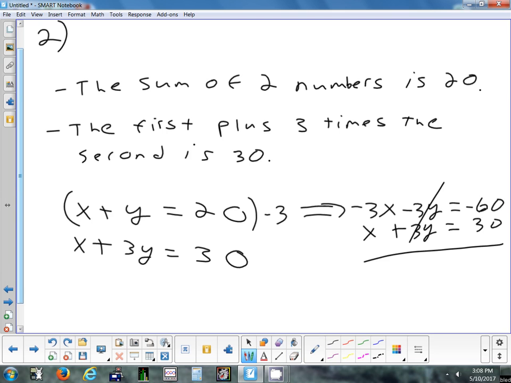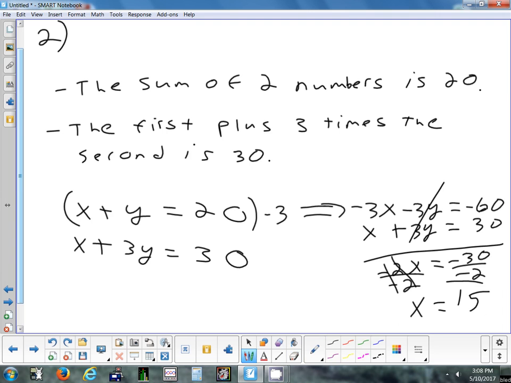So we just zeroed out the y's. What do you get when you add the x's? Negative 2x. And what about when you add the constants? Negative 30.